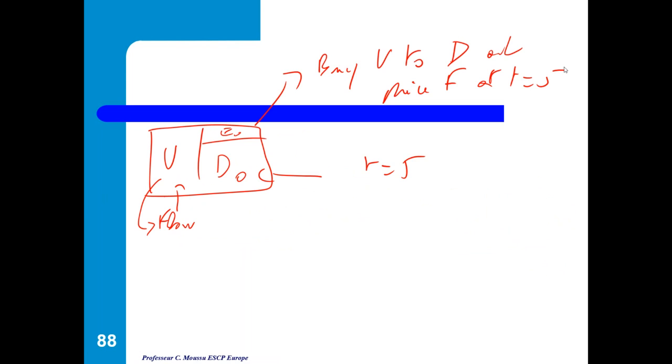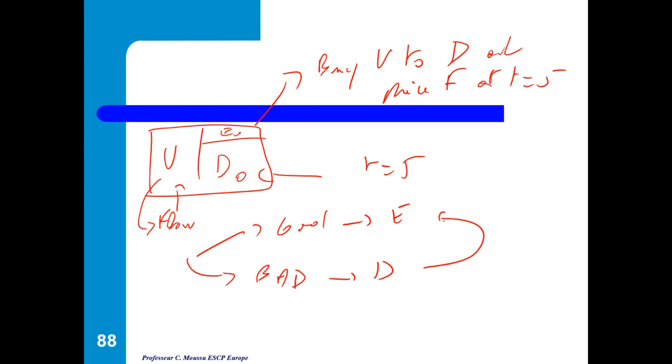But if the company is doing well, then you reimburse your debt and you buy the company from the debt holders. So this option takes into account the fact that if it's bad, it's the debt holders, and if it's good, it's the equity holders. The equity holders have the ability to buy the company from the debt holders, reimbursing the debt if times are good. And this is exactly what you capture here.